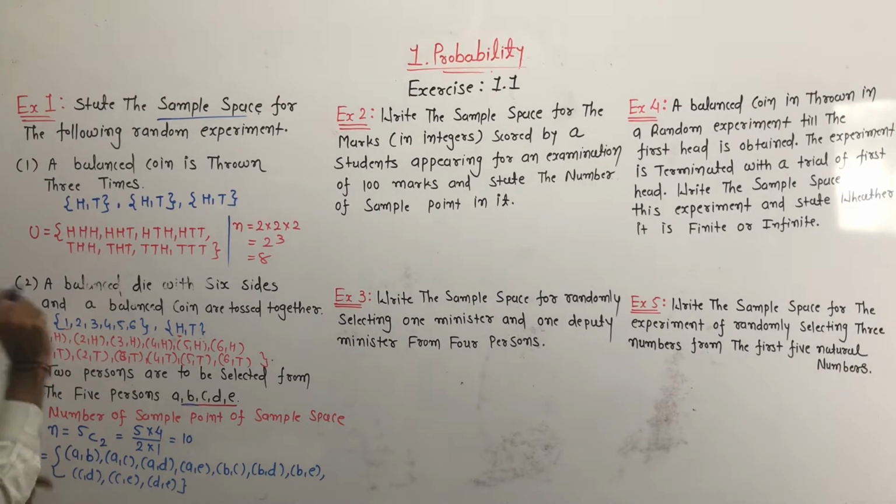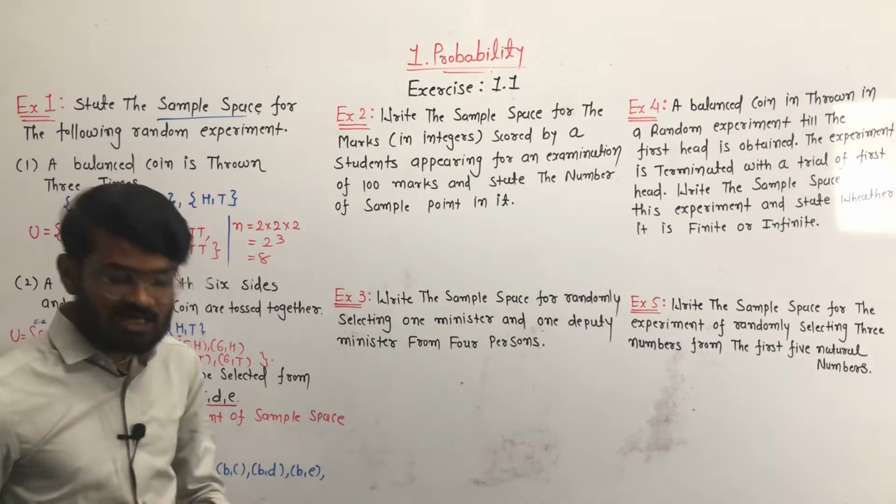So the number of sample points is 10, which we can also find by n equal to 5C2. This is our sample space U. Done. Now we are coming to example number 2.